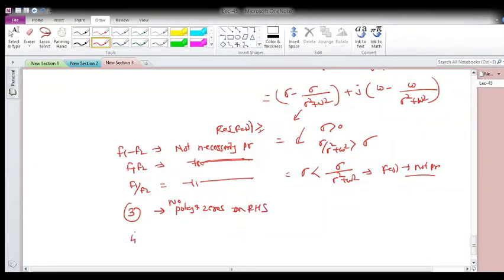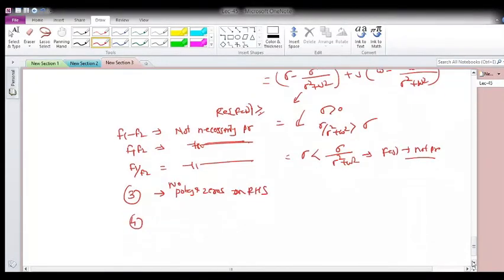This is the third property for PR. The fourth property is that the poles which lie on the jω axis can only be simple poles, and only simple poles with real positive residues can exist on the jω axis.